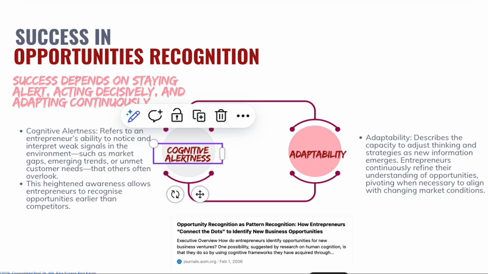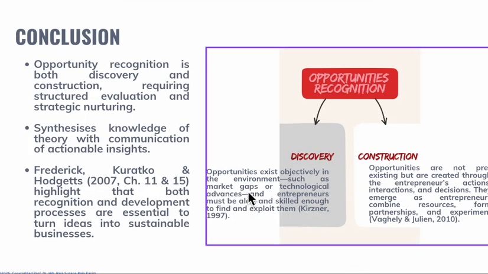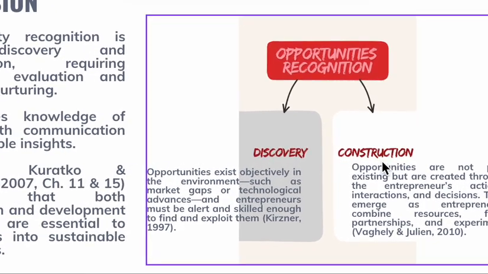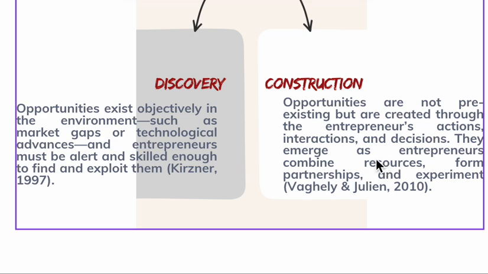So this is where, interestingly, we take a look, perhaps, at one interesting conclusion, right? Opportunity recognition is actually both discovery and also construction. When we say discovery and construction, let us take a look at our local example like Touch and Go e-wallet, right?